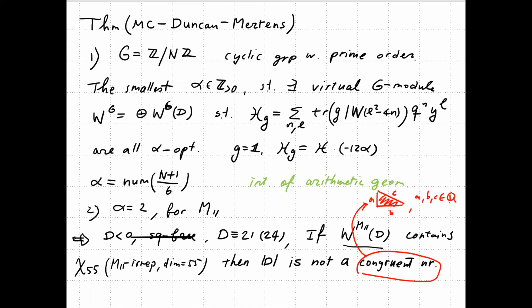So it's pretty cool because from the classification of optimal functions, you connect that to finite group representations, and from there you can connect to completely different problems, for instance, this congruent number problem in arithmetic. Okay, so that's what I want to say about the relation between optimality and Moonshine.